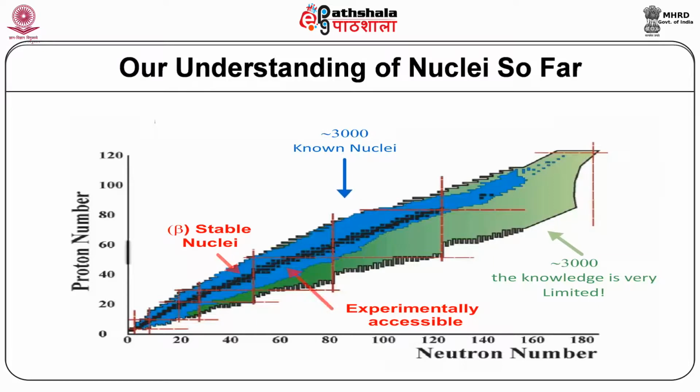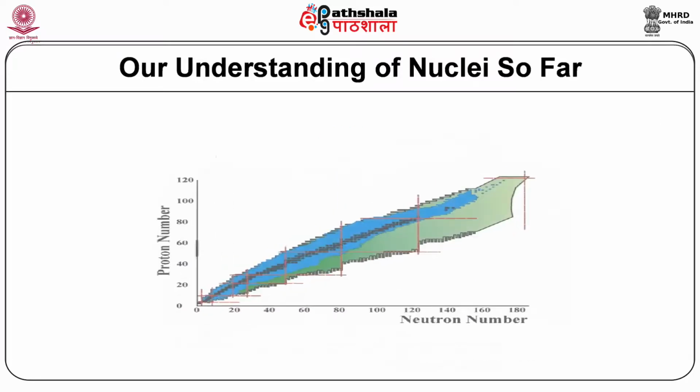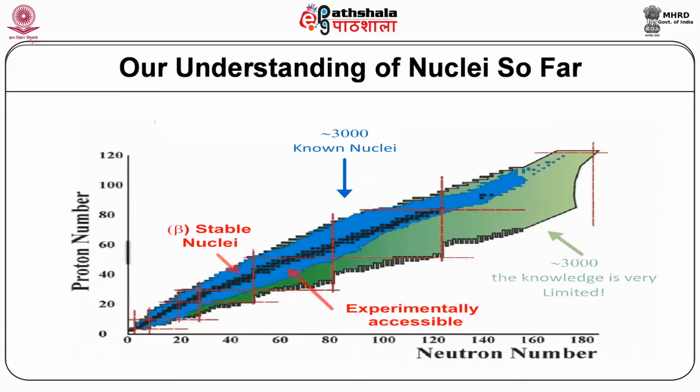The data that I will be showing here is up to the year 2010: around 6,000 nuclei are predicted to exist, and out of these 6,000 nuclei, 3,000 have already been discovered. That is, they already exist in the universe, or they have been created under lab conditions.